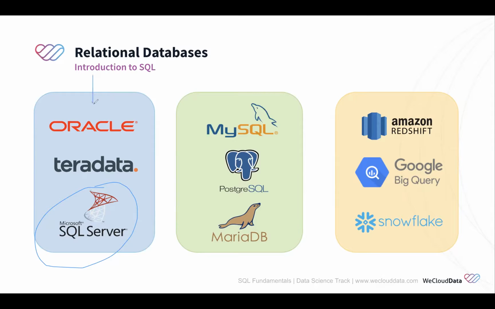Okay. On the left-hand side, we see the traditional vendor-based SQL platforms, right? Such as Oracle, Teradata, and SQL Server. They can be used as transactional databases, which means they're used in production, for example, in a banking system, but they can be used as data warehouses as well. Okay. In the middle, we see open source databases such as MySQL, PostgreSQL, and MariaDB, which is kind of similar to MySQL, but more performant.